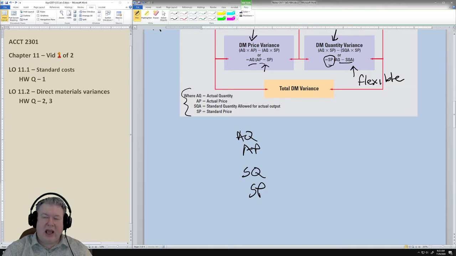Now, what they don't bring out in the book that I want to mention here is, once you look at a homework problem or a test problem, I almost always recommend you first write down these 4 things. Before you do those 4 things, you have to know 2 things. What is the production unit?